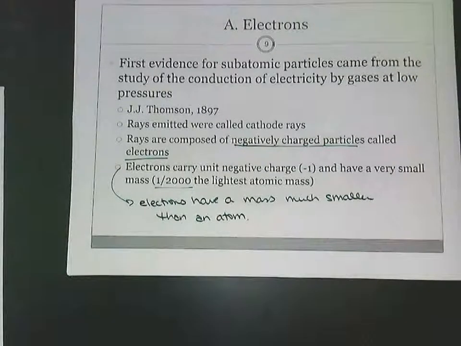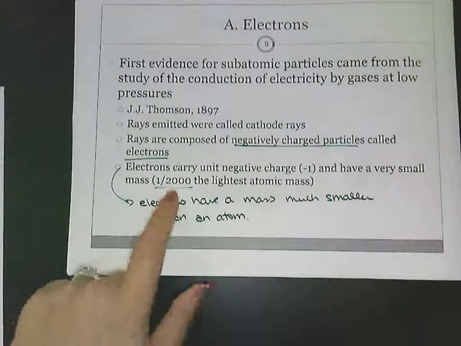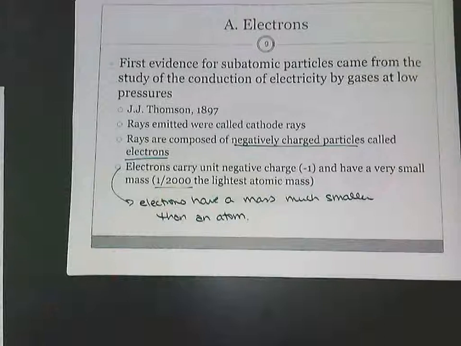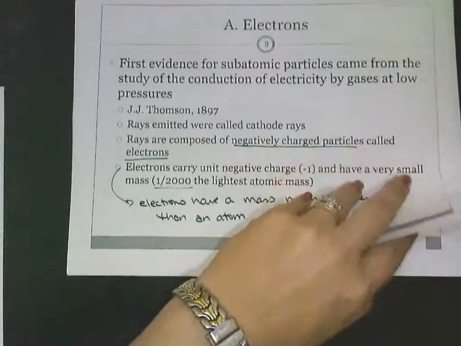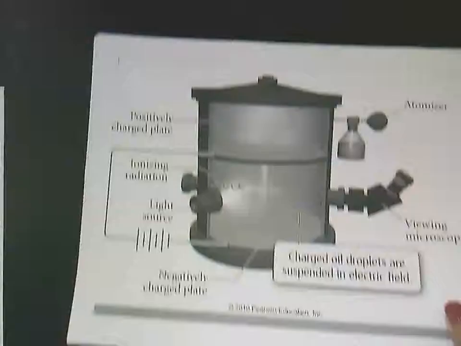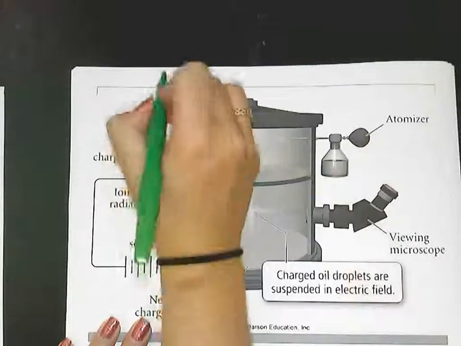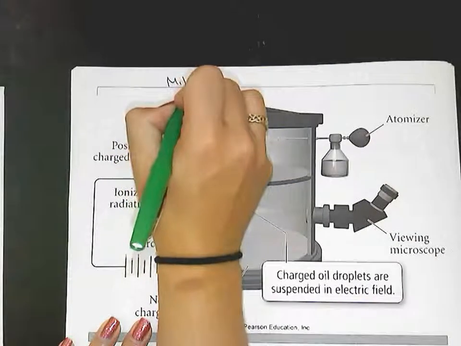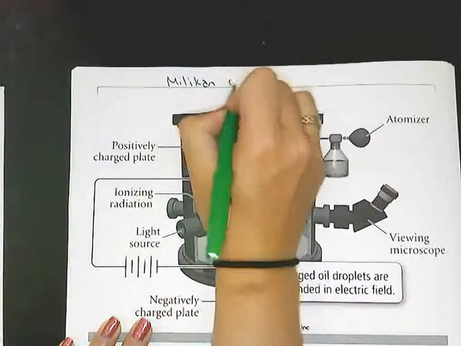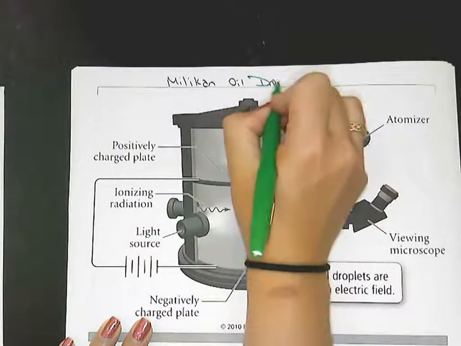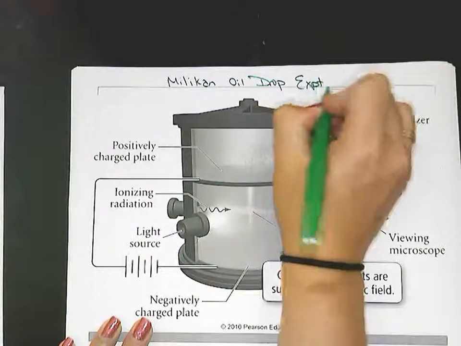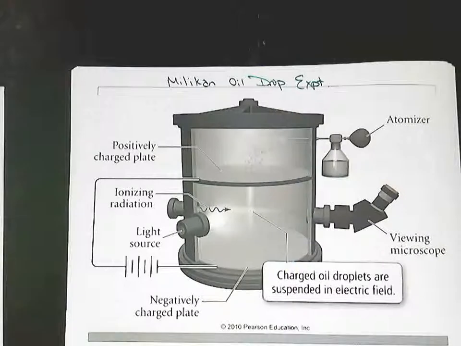Once they figured out that there was such a thing as an electron, the next thing they wanted to know was its exact mass, besides being ballpark 1/2000th. The next thing was the milk and oil drop experiment, which was done about the same time, early 1900s.